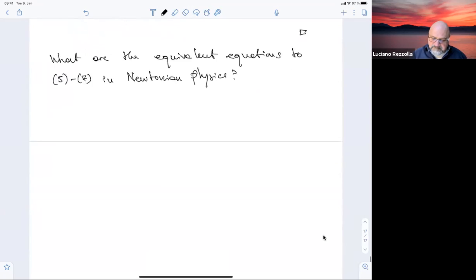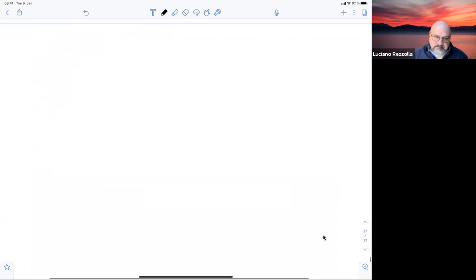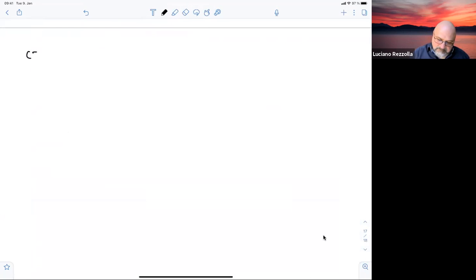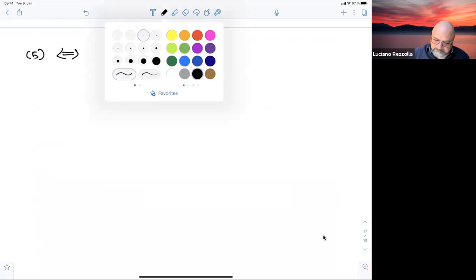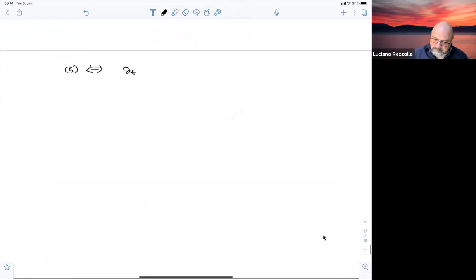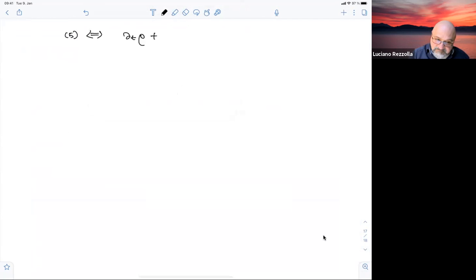Does anyone know them? I hope you do. 5 is equivalent to the continuity equation: ∂_t rho plus ∇_i of rho v^i, which is really a divergence in Newtonian physics, is equal to 0. This is the continuity equation.